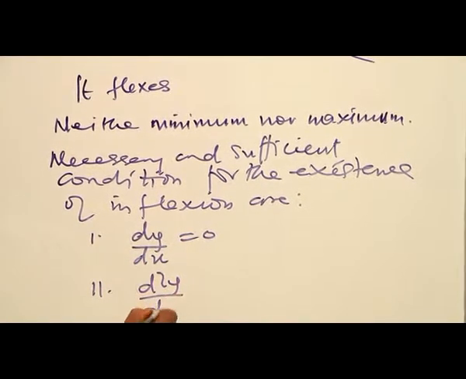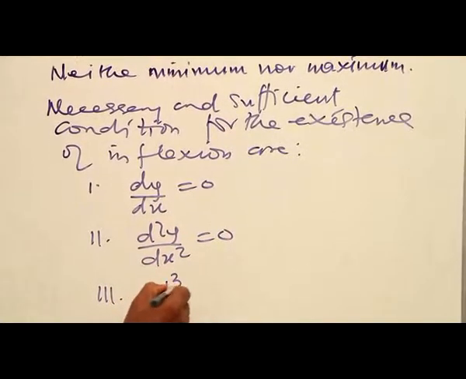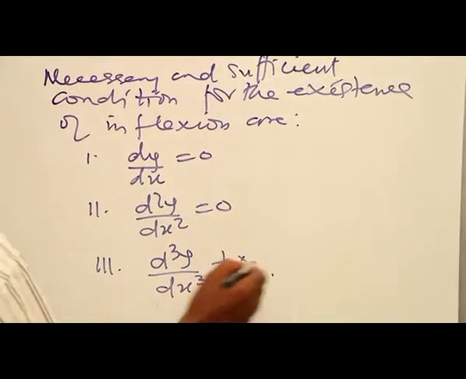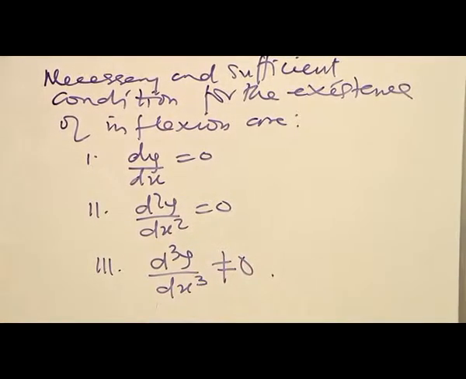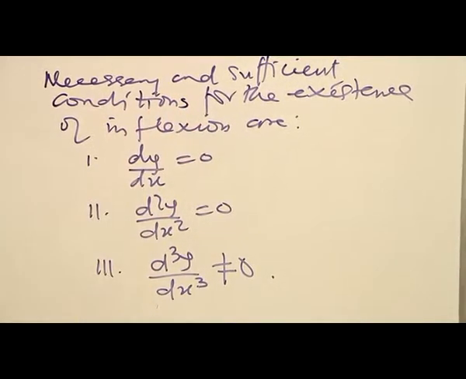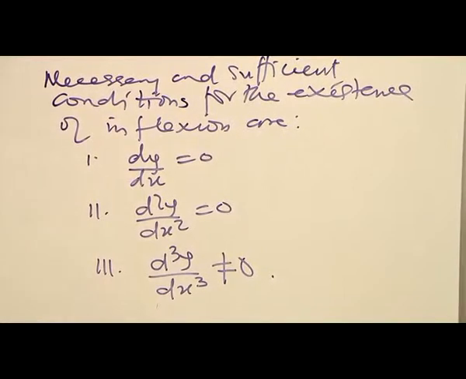The second derivative is also equal to 0. And 3. The third derivative is not equal to 0. These are the necessary and sufficient conditions for the existence of inflexion.